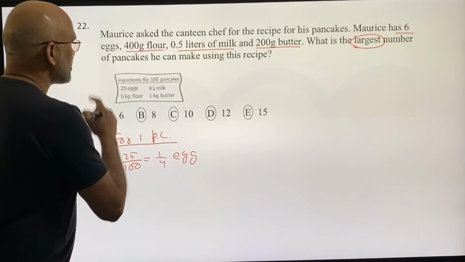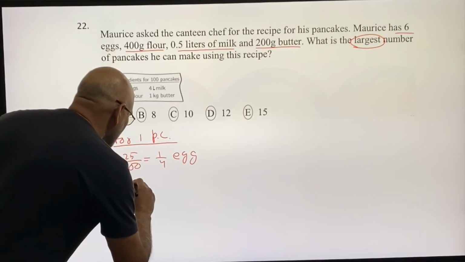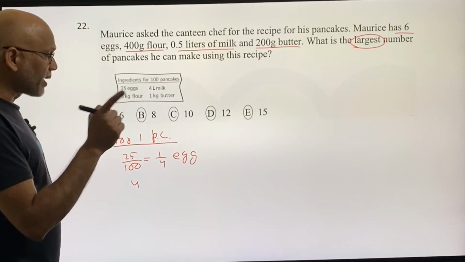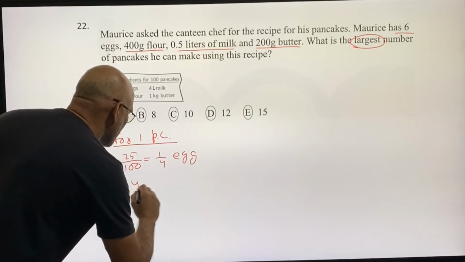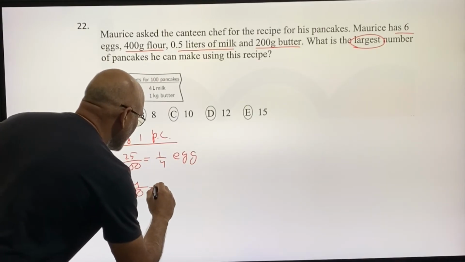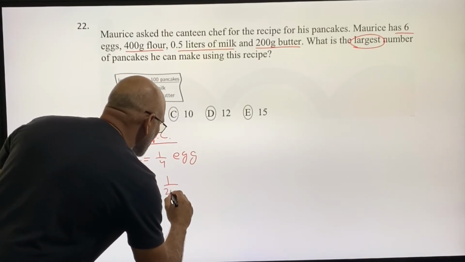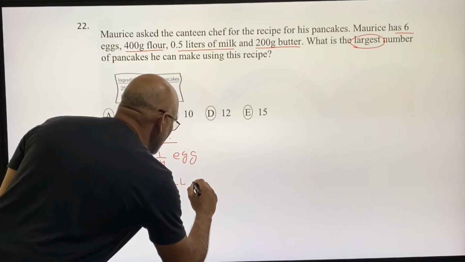Okay, how much milk I need? So 4 liter for 100 pancakes. For one pancake, 4 over 100 is equal to 1 over 25 liter milk.